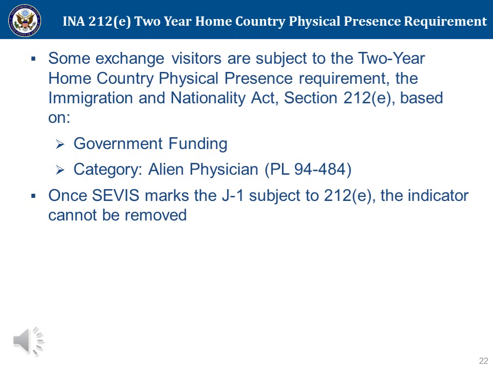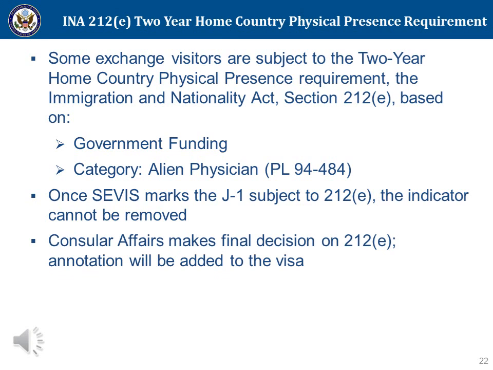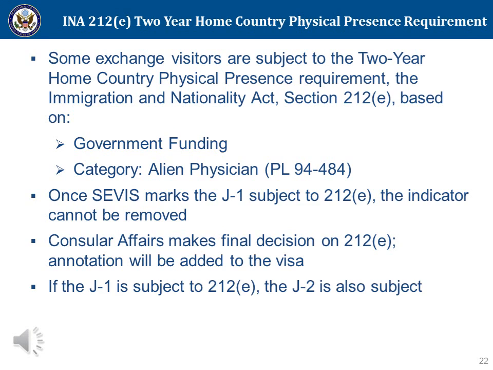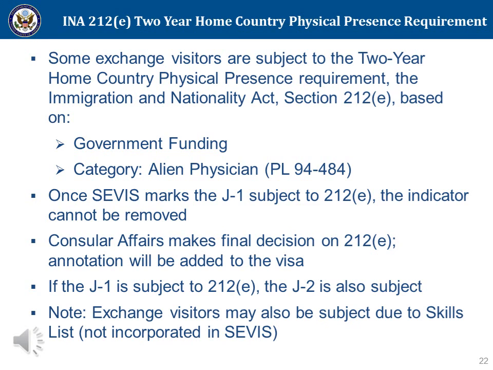If Consular Affairs makes the final decision on 212E that the exchange visitor is subject, there will be an annotation on the non-immigrant's visa. If the J1 is subject to 212E, any associated spouse and dependents are also subject. Note: exchange visitors may also be deemed subject to 212E for skills list.